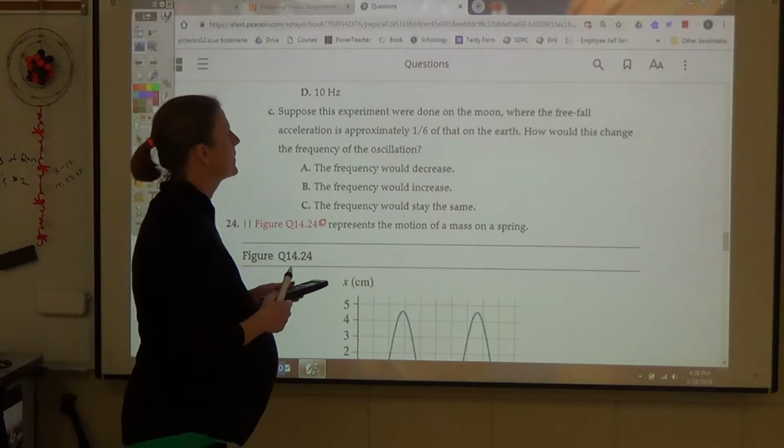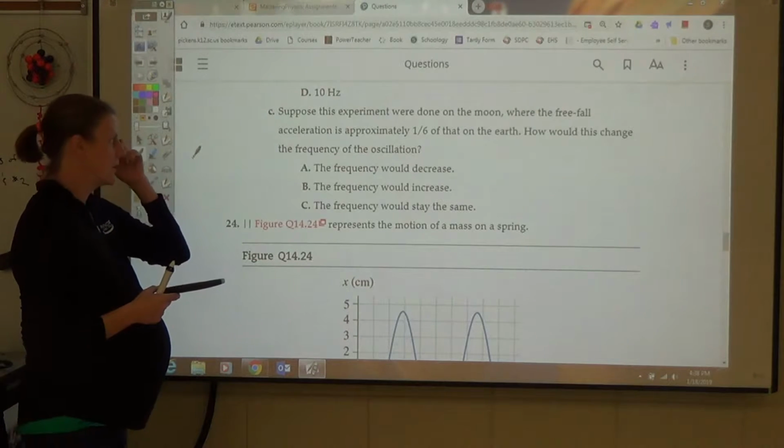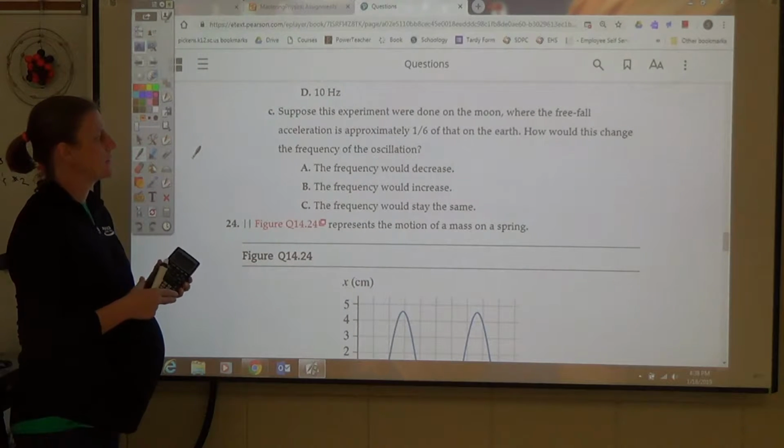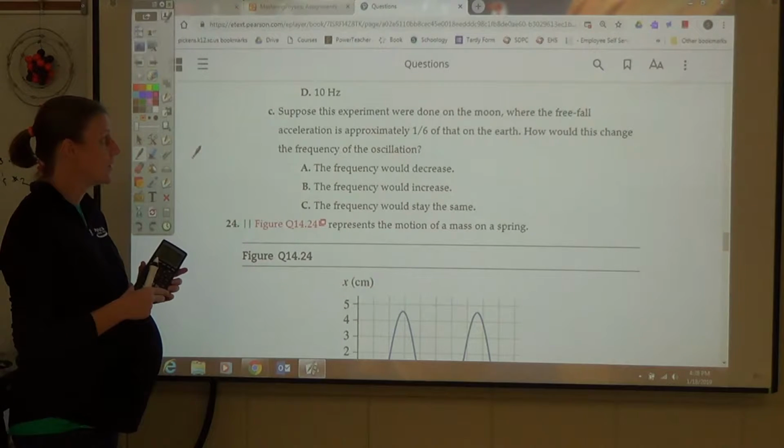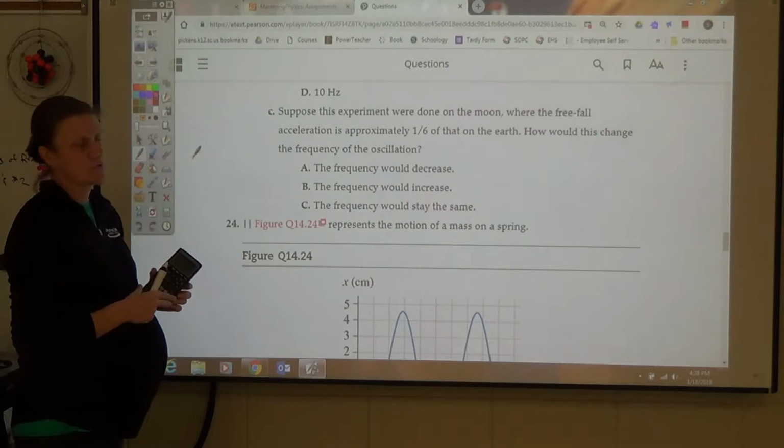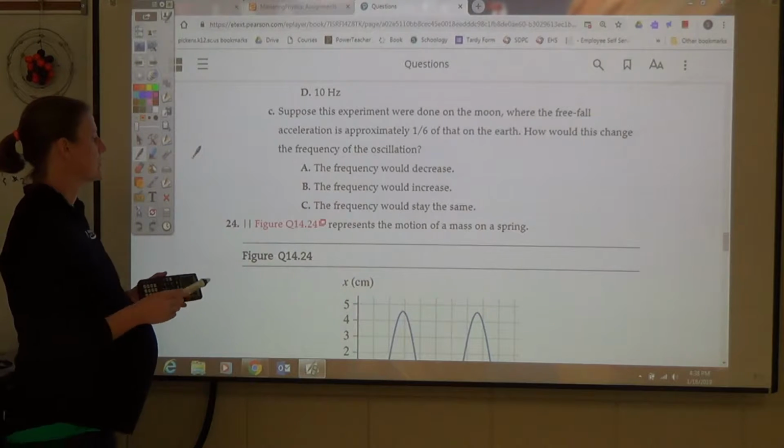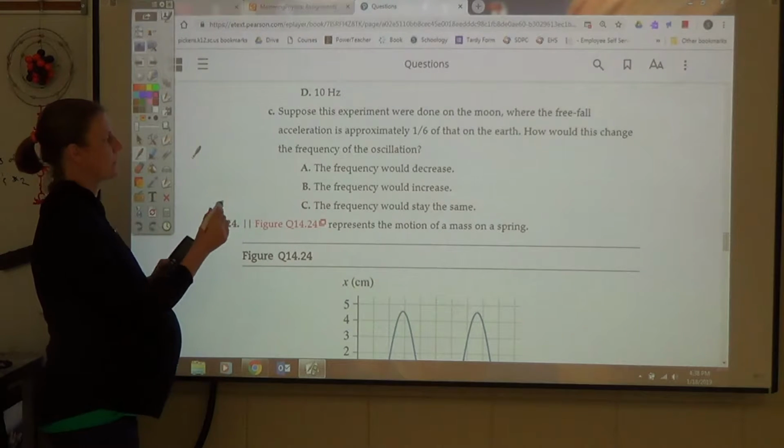Okay, suppose this experiment were done on the moon, where free fall acceleration is approximately 1/6 of that on Earth. How would this change the frequency of the oscillation? Well, we got to go back through what we just did.